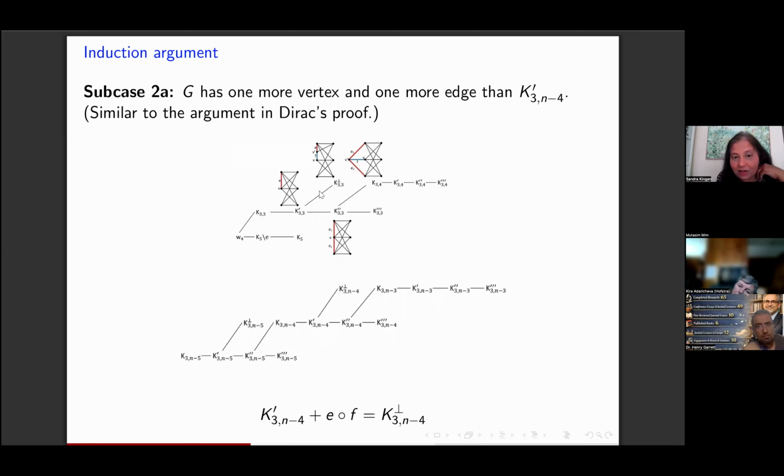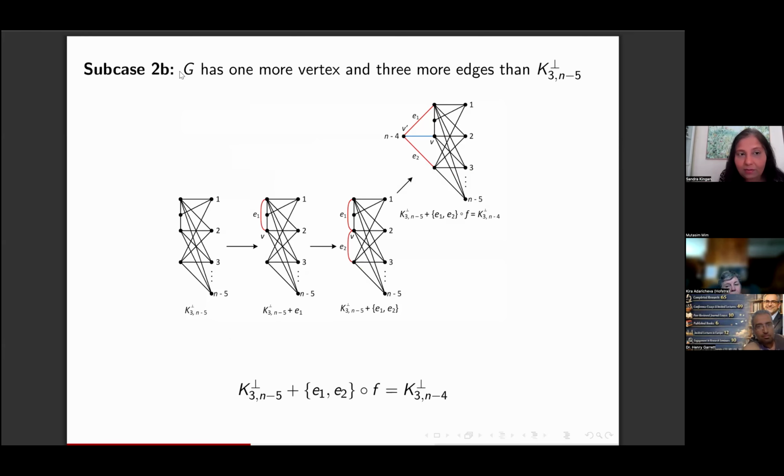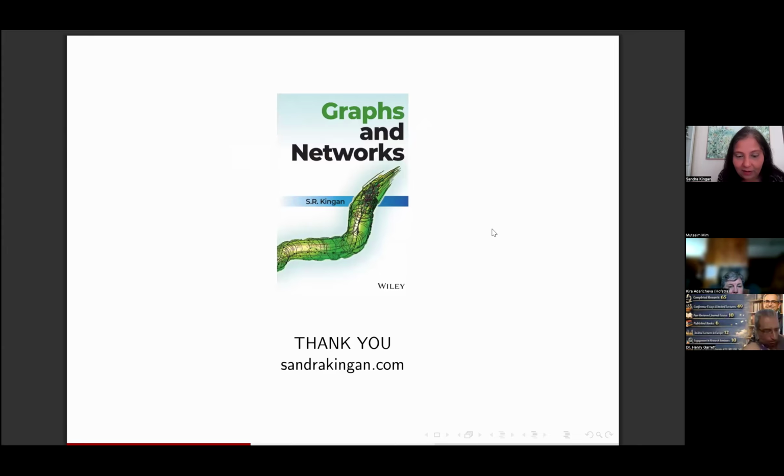When I was doing Dirac's proof, I saw this one here, and that's when I realized that it was also applicable in this result. And subcase 2b, when G has one more vertex and 3 more edges, you get exactly one graph. And coincidentally, it's the same. And therefore, there is just one more infinite family. And I believe that is the end.